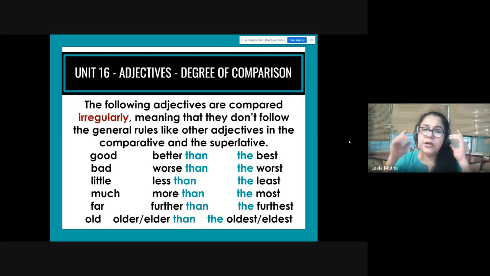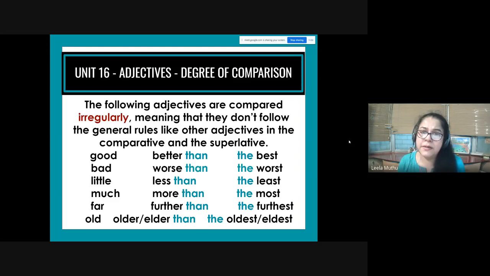Now you have irregular adjectives, which means the adjectives are compared in an irregular manner, not following the very same rules we went through earlier. They sound very different in the comparative and very different in the superlative. So these you have to learn.